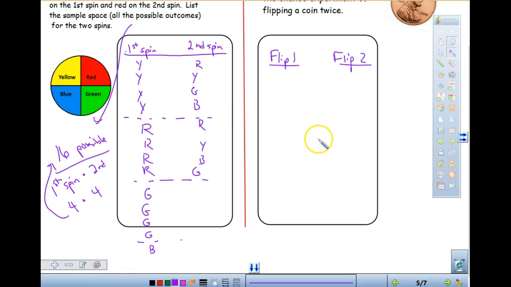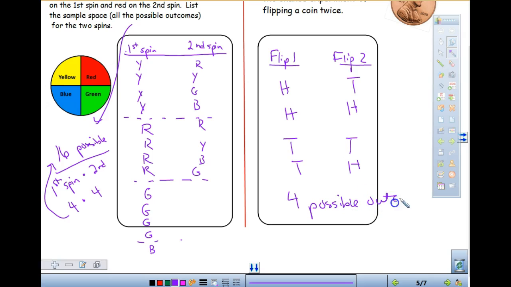On our coin flip, we can have heads with tails and heads with heads. We can have tails with tails and tails with heads. So we should have 4 possible outcomes.